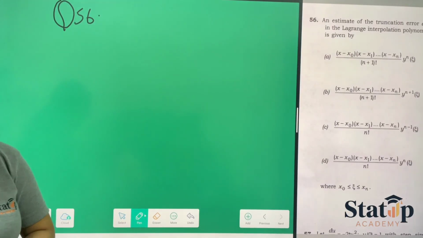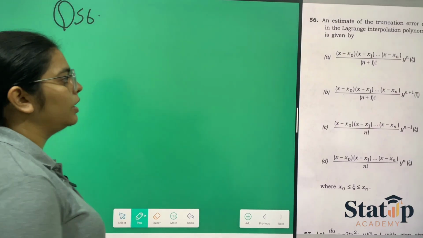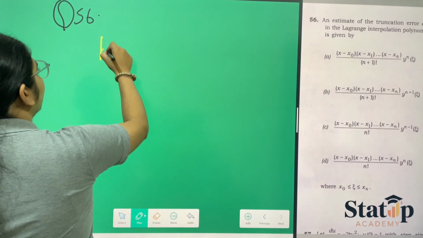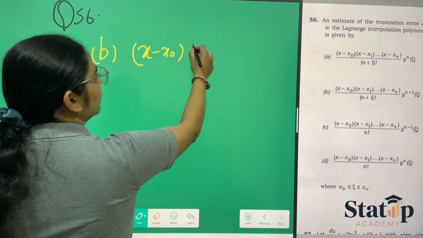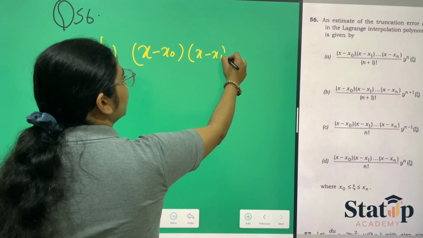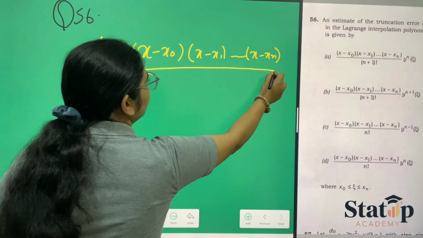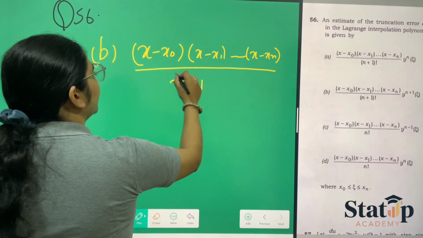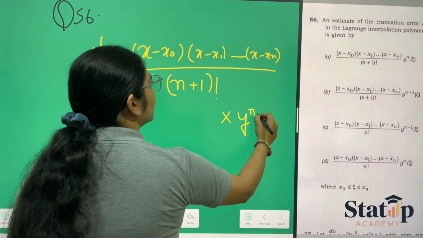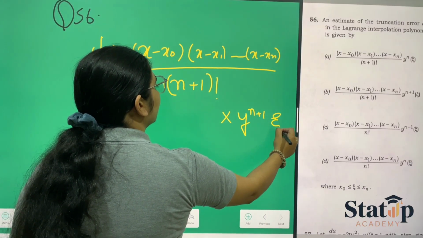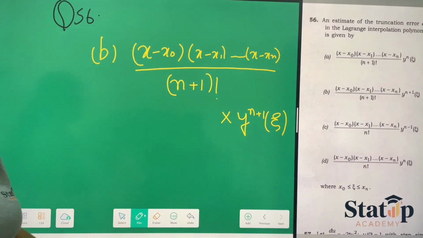Whenever we are talking about the Lagrange interpolation formula, then our truncation error has the formula (x minus x0)(x minus x1) and so on up to (x minus xn) upon (n plus 1) factorial into y^(n+1)(epsilon). This is the formula.